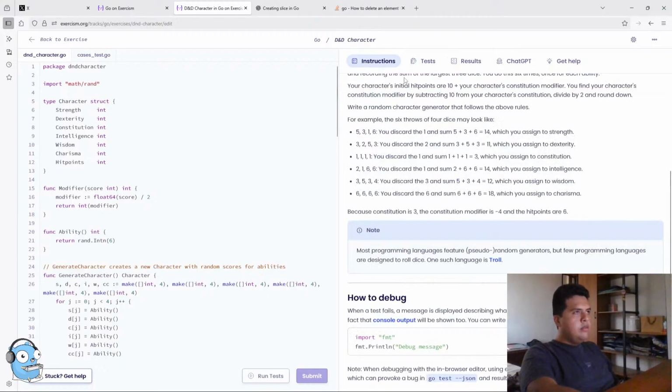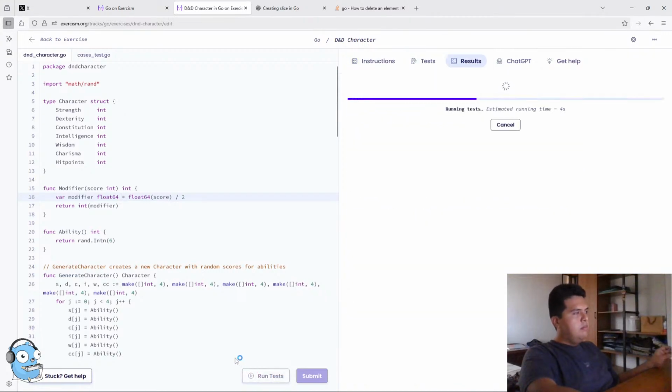Modifier. Modify float 64. 1 divided by 2, that means that it will be float 64. Maybe that.